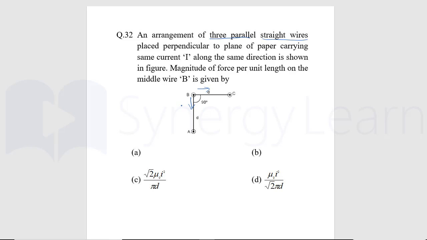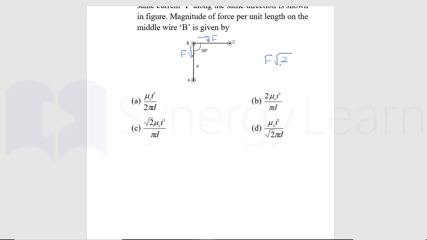Let the force per unit length be F, then this will also exert force per unit length as F. So their resultant will be F root 2. The force per unit length is given by mu naught I square by 2 pi d.